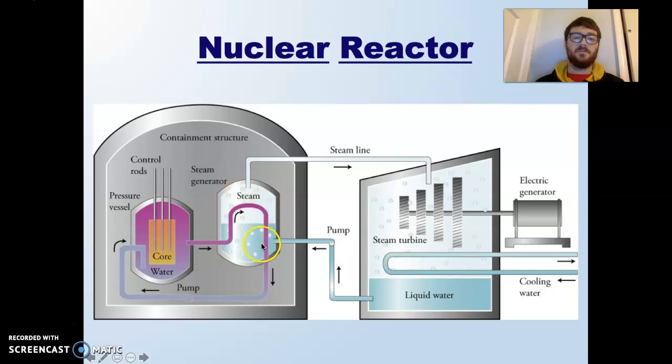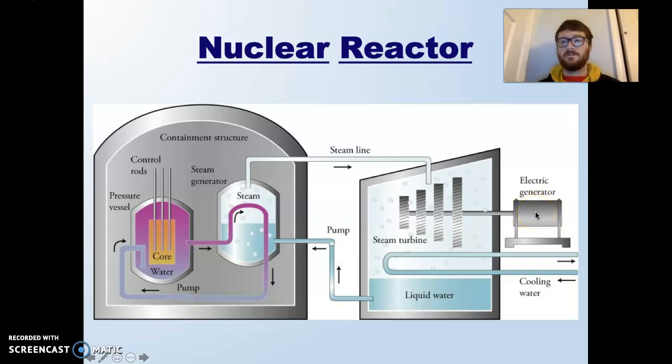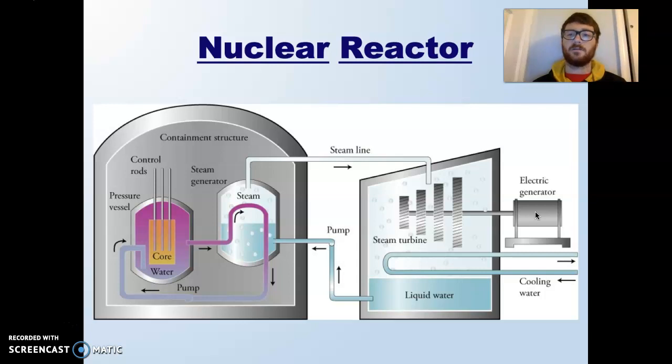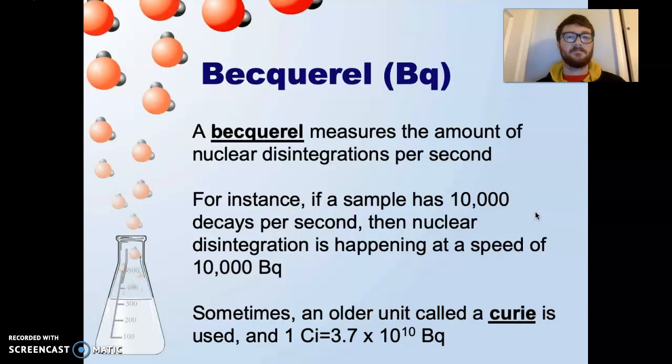It produces heat, which makes steam. The steam turns a turbine, and the turbine runs an electric generator. So when you pass a giant nuclear reactor and you see all the things coming from the top of it, and you're like, whoa, they're polluting our environment, it's just water, just steam. So nothing too harmful there, even though we might be afraid of it.